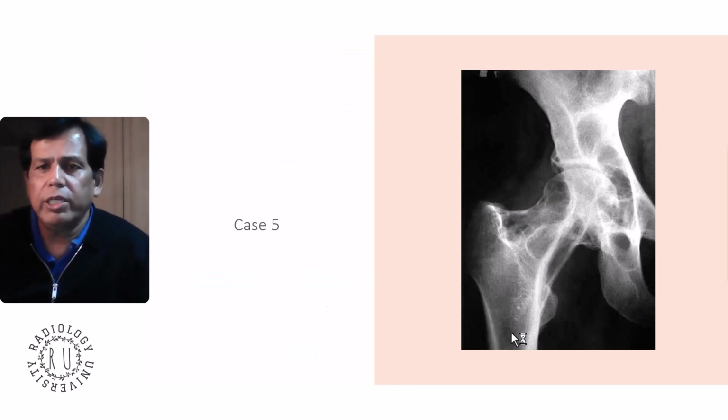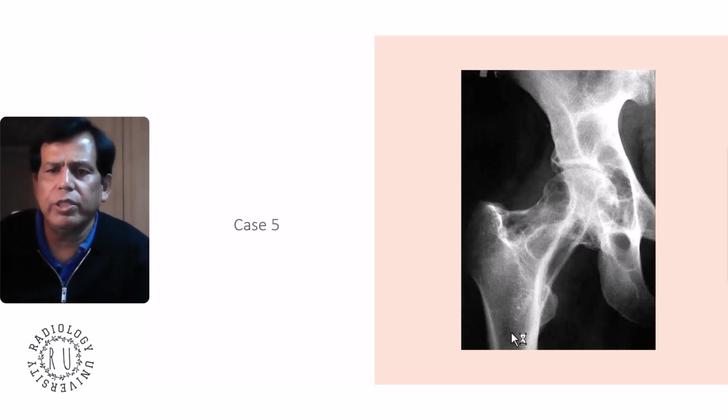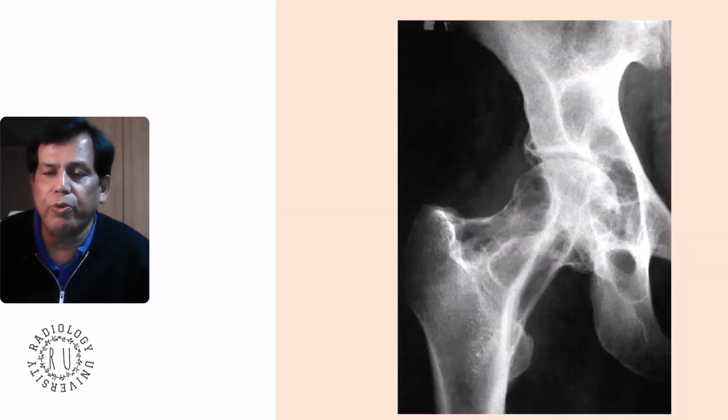So again, coming to case number 5, just for the sake of going over the whole process we learned. In this one, I think the majority of you who are engaged in the lecture can say, oh, I know it is PVNS, and there you go, you get full marks.